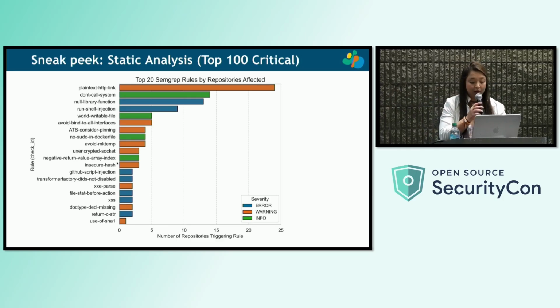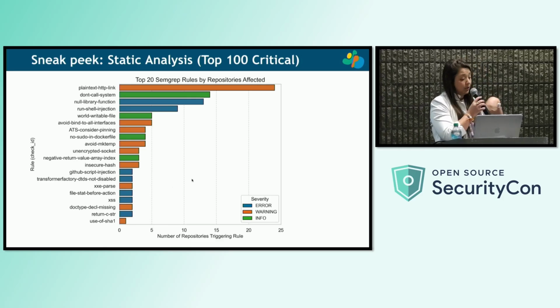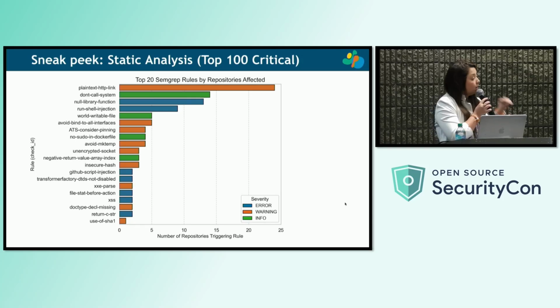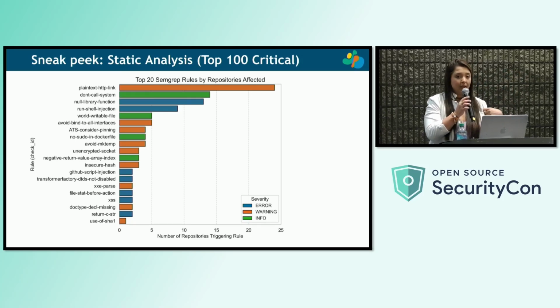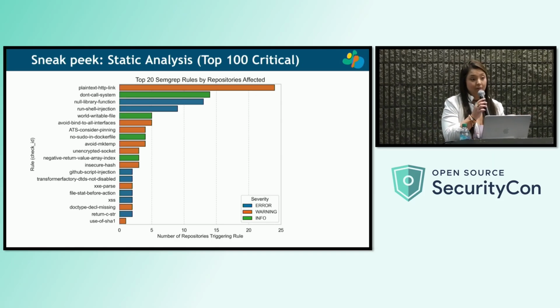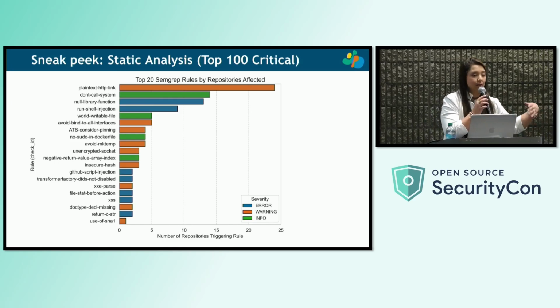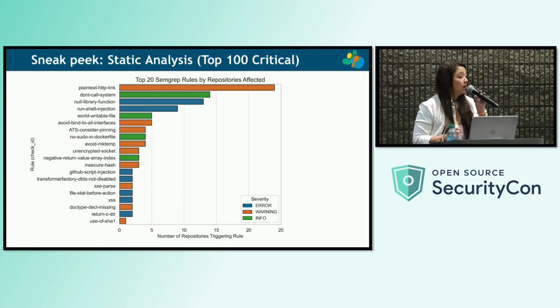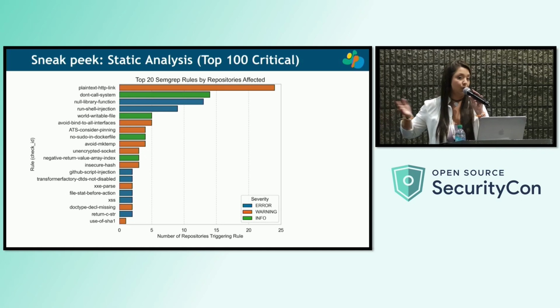And this is the number of repositories for each triggered rule. As you can see, the most triggered rule is plain text HTTP link, which is actually something relatively easy to change. So what's the problem there? Are they not aware that this is not the best practice? Or is it more like the project is inactive?